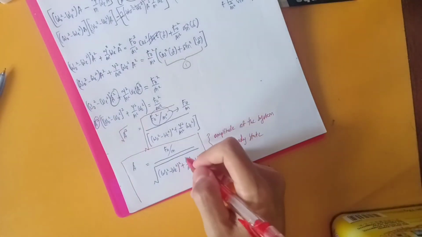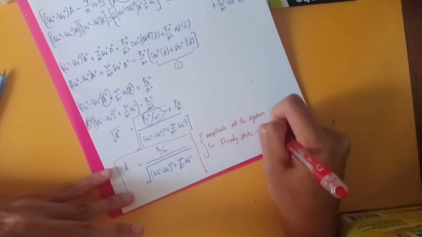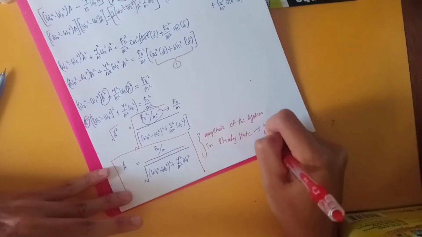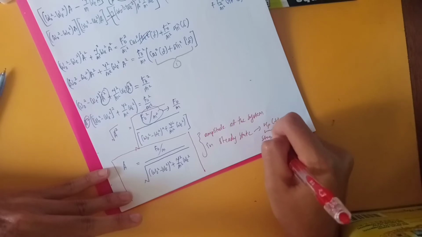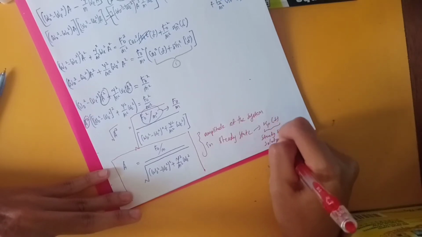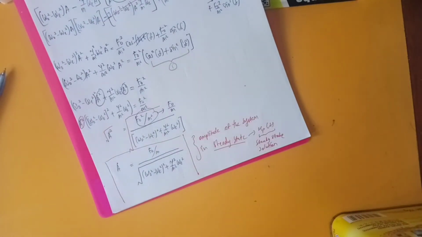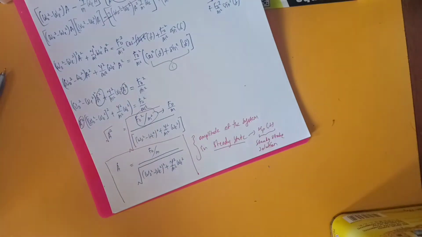Because this form right here comes from X(t), and X(t) is the steady state solution. That's why it's called in steady state. Very simple. Now let's get further into our lesson here.